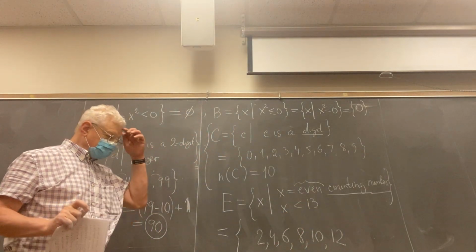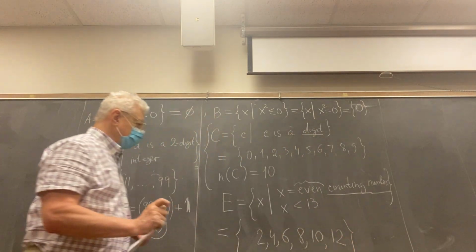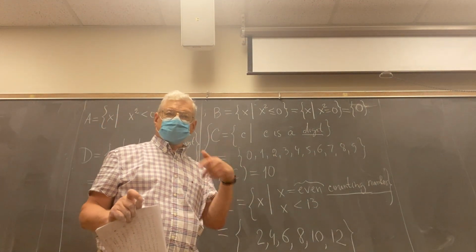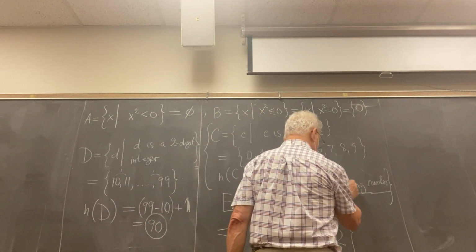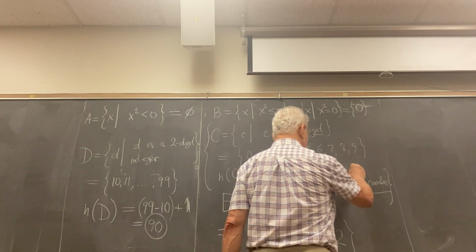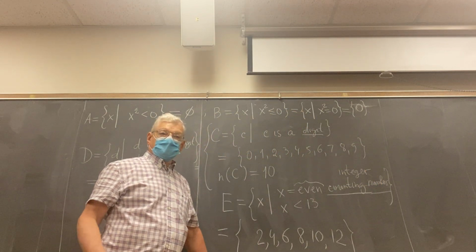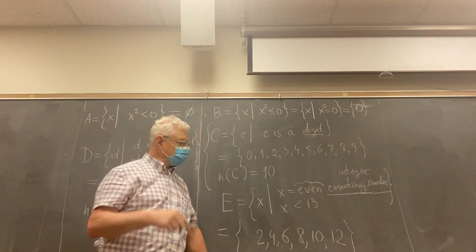Next restriction comes in force. If you see counting number, what is a counting number? Numbers which I can count, 1, 2, 3, and so on. But if instead of counting number I write integer, integer is a little bit different. A counting number is a whole number, 1, 2, 3, and so on.